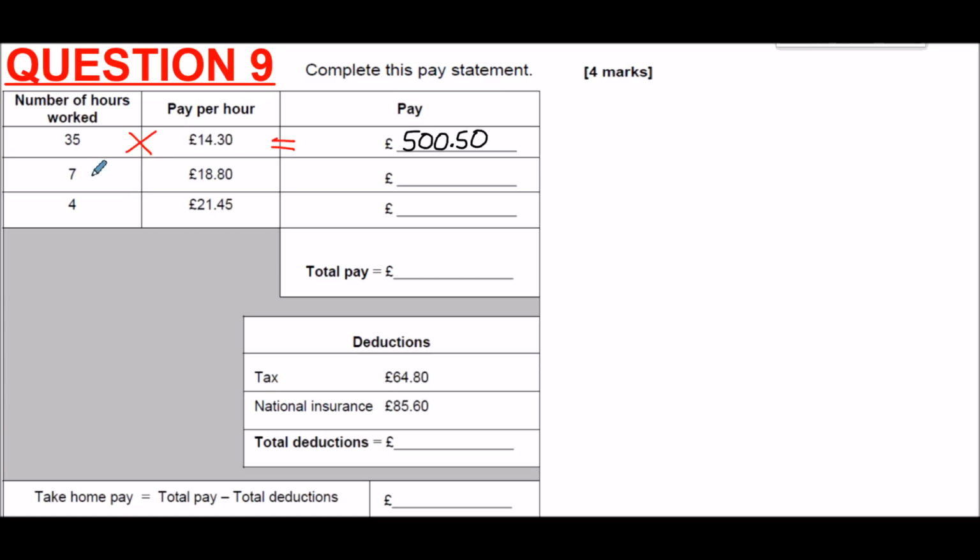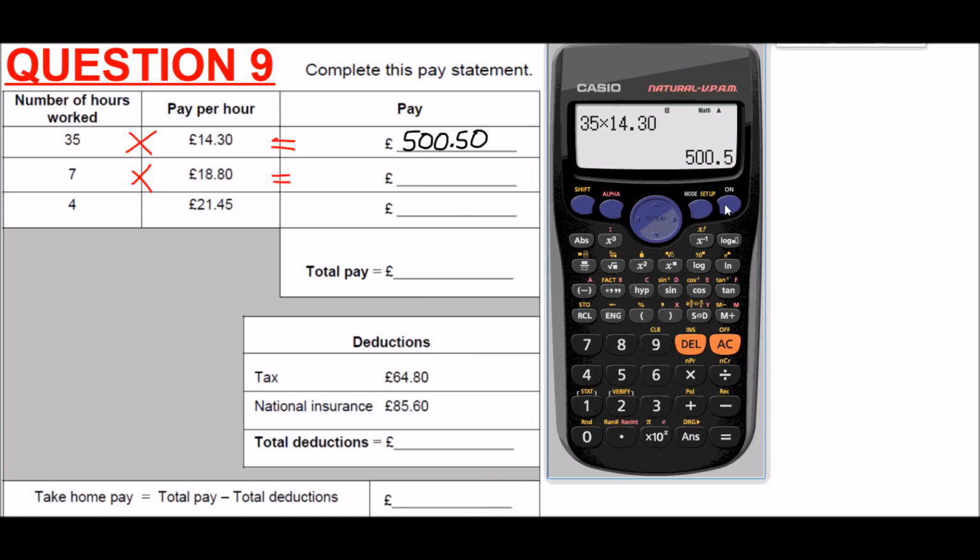The second row, 7 hours, £18.80 per hour, that would be 7 multiplied by £18.80. So 7 times £18.80, we can do that as well. And let's see what we get. That means £131.60.